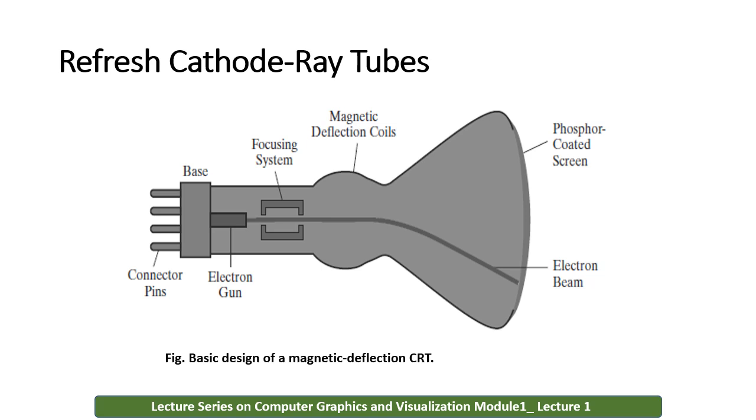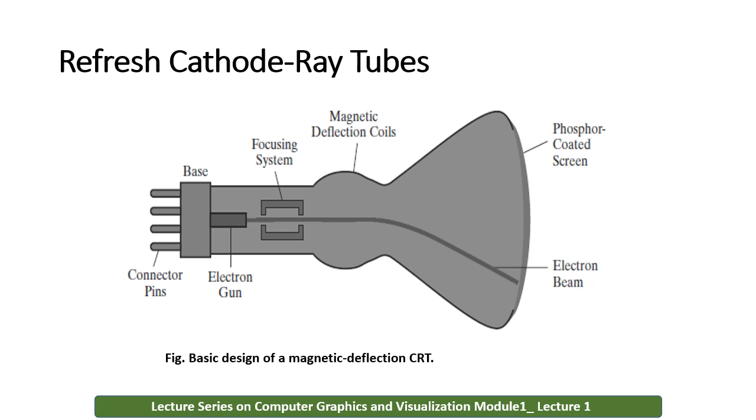Those electron beams pass through the focusing system, depending upon the horizontal and vertical deflection, and the ray is controlled with the help of magnetic deflection coils, and the particular ray comes and hits the phosphor coated screen.